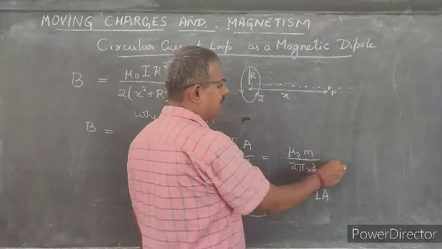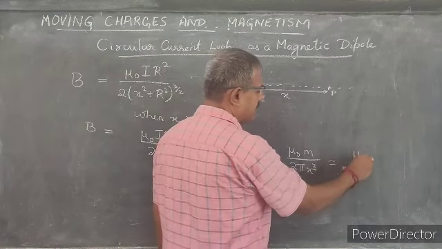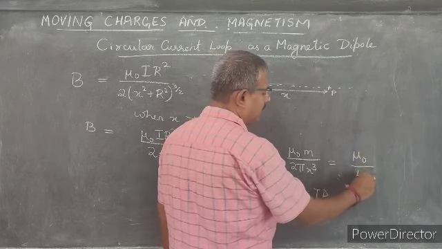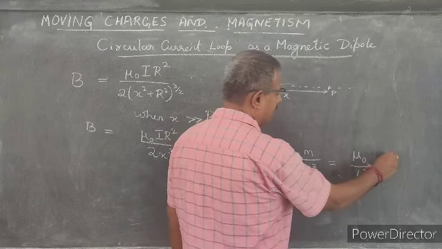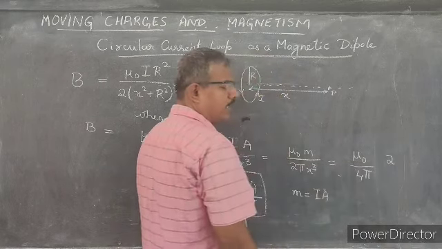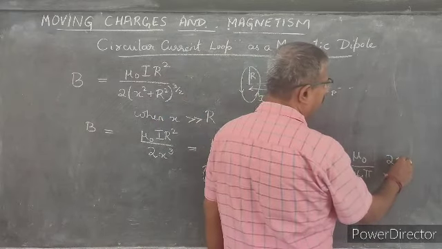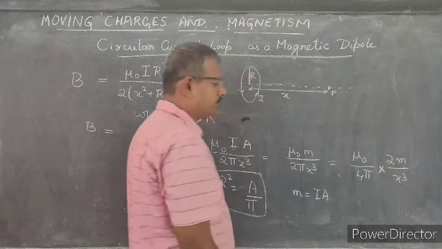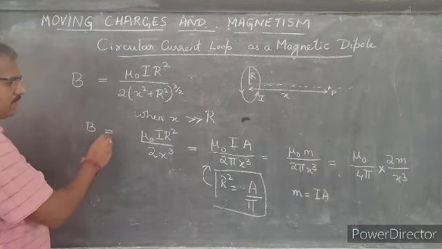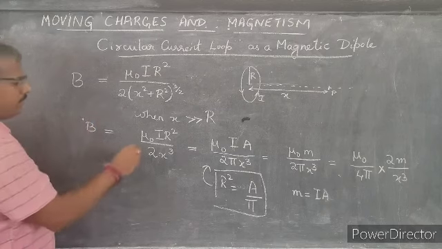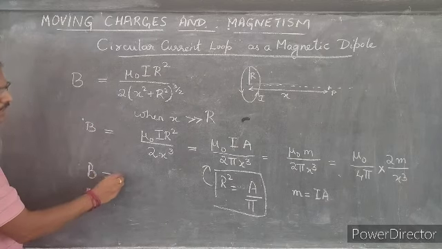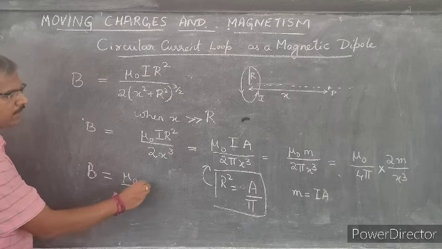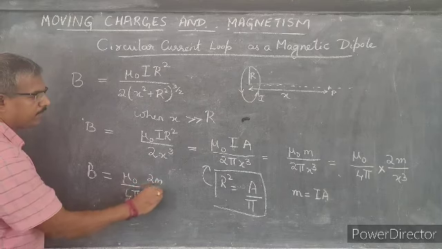Now doing a little bit of juggling with numbers, I rewrite this as mu naught, I multiply a 2 at the denominator, I get 4 pi. To compensate for that, I put a 2 at the top, so I am left with 2m by x cube. So the new expression we have got is mu naught by 4 pi into 2m by x cube.